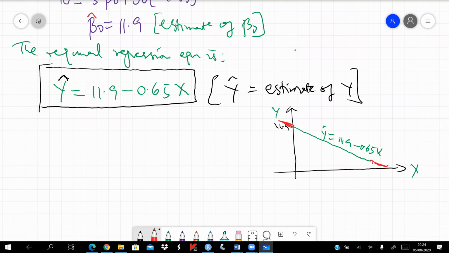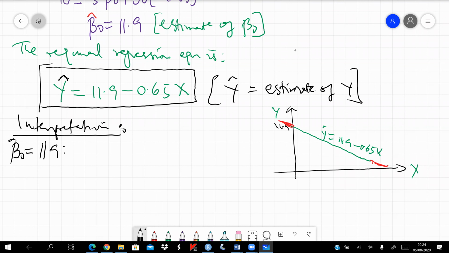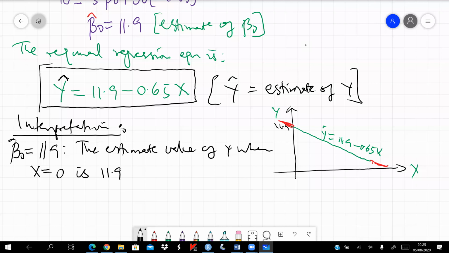So now, how do we interpret these regression coefficients? Interpretation. Well, we start with beta naught, which is 11.9. We say that this means that the estimated value of y when x is 0 is 11.9 units.